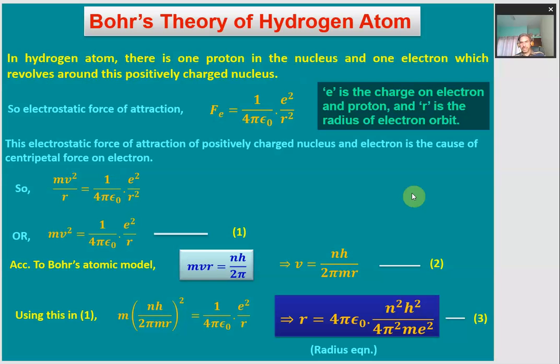Because there is one electron which is negatively charged and a positively charged nucleus, there are two charged particles. They will have an electrostatic force of attraction between them because the charges are of opposite kind.